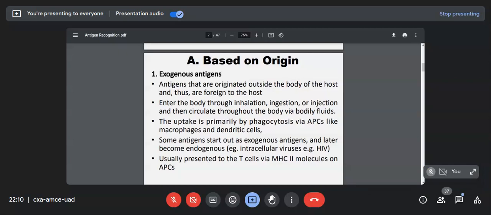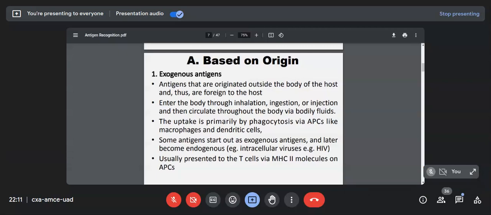When an antigen enters the body from outside, maybe it was part of your food, then that antigen has to be killed. In what way do we kill exogenous antigens? Usually they are killed by phagocytosis, which is done by a particular type of cell, the APCs, in other words, the antigen presenting cells.